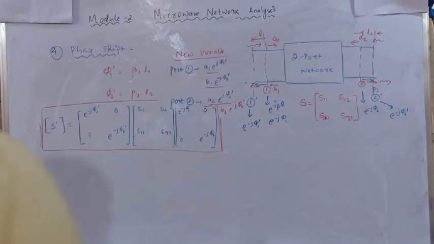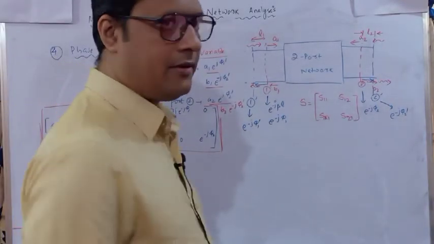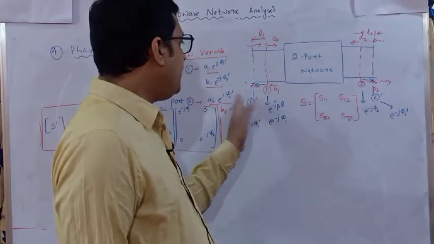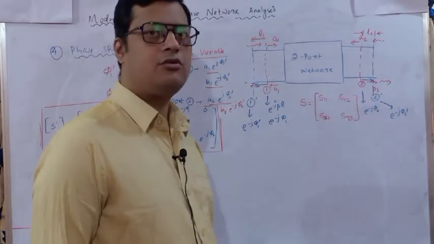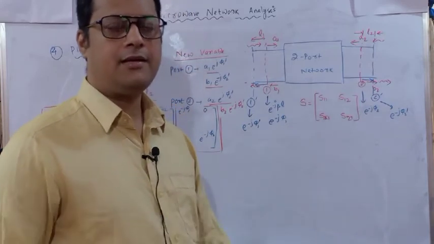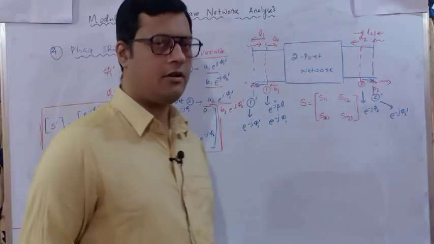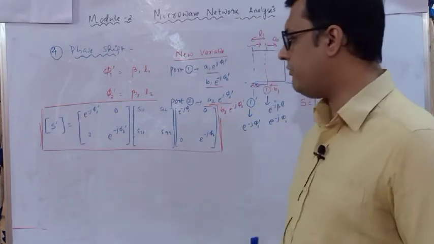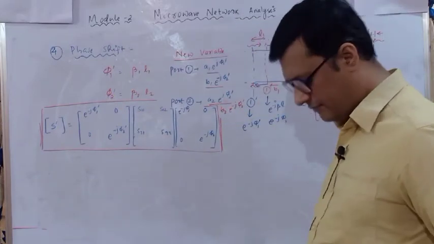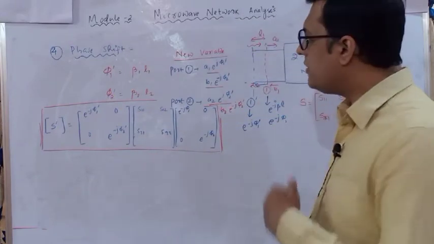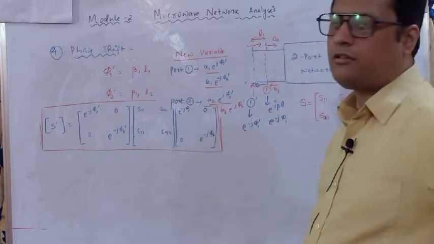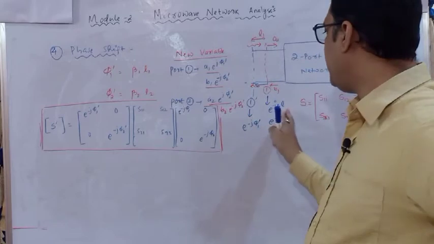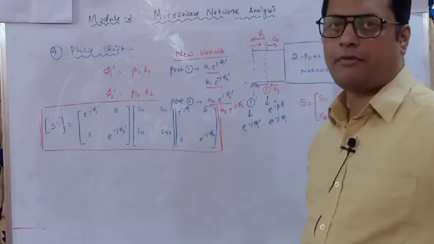Here I have written the scattering parameter. If you change the position from 1 to 1 dash, or from 2 to 2 dash, your scattering parameter is also going to change. How does it change? Phi 1 dash is the changed phase shift; initially it is phi 1, now it changes to phi 1 dash.